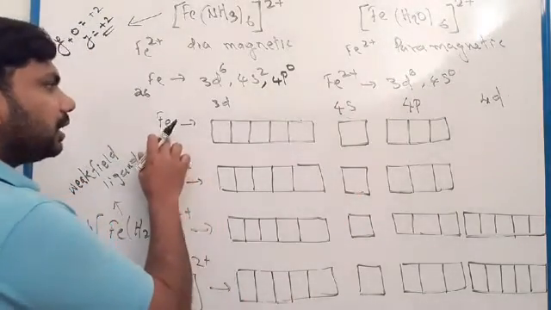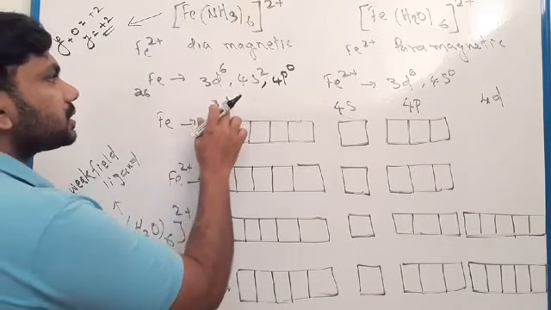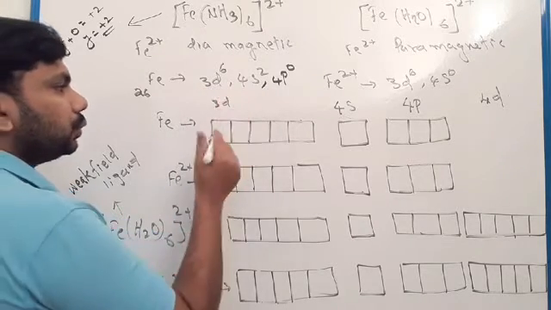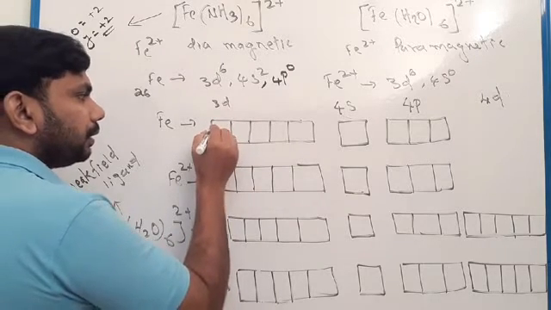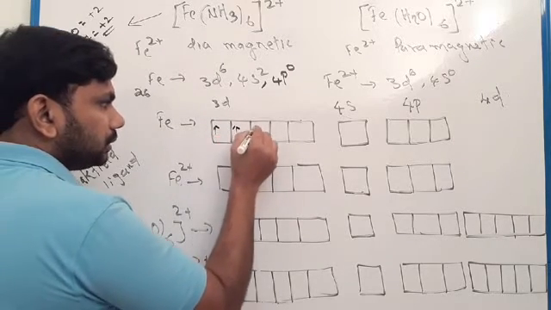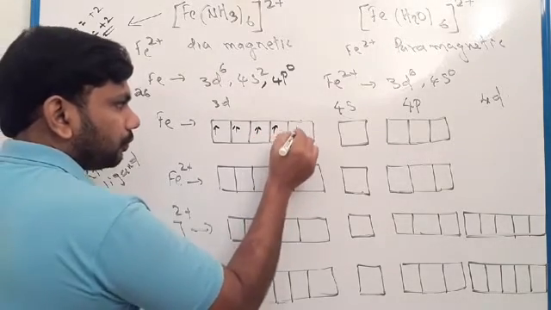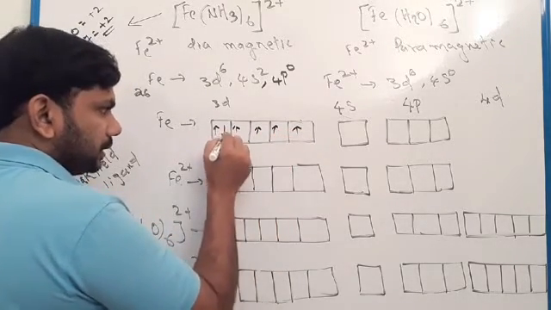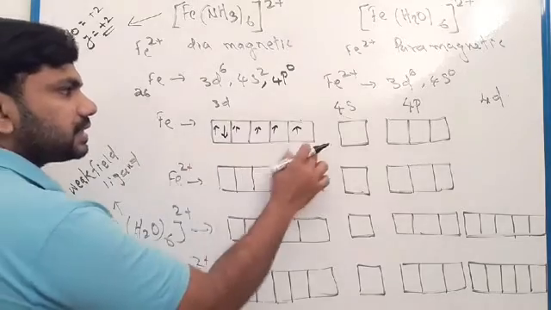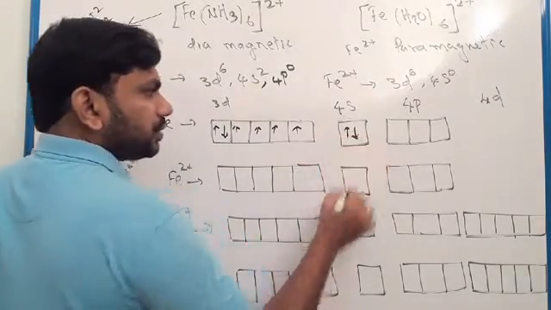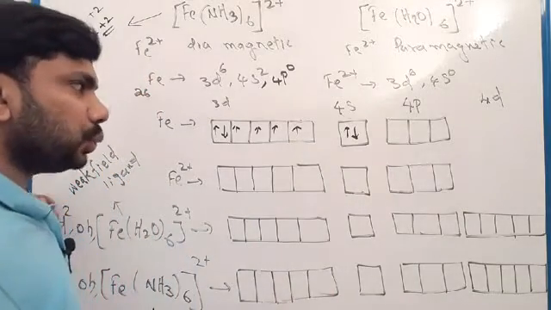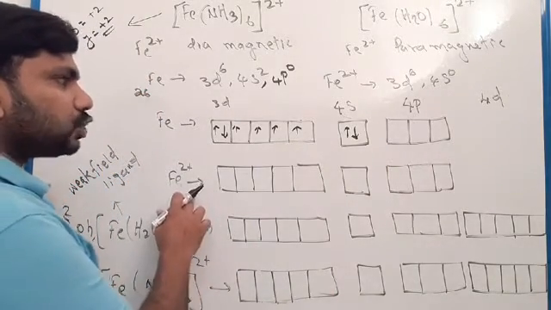When you consider iron, it is 3d6 4s2. For 3d6 you can do like this: 1, 2, 3, 4, 5, 6. This is 3d6. 4s2 you can do like this. This is 3d6 4s2. Next one, Fe2 plus.